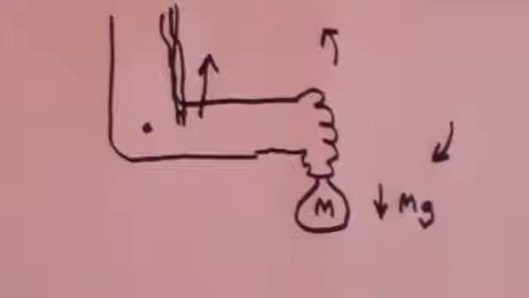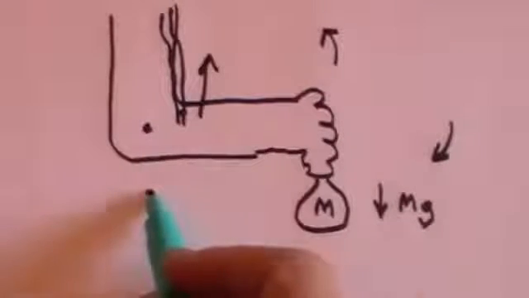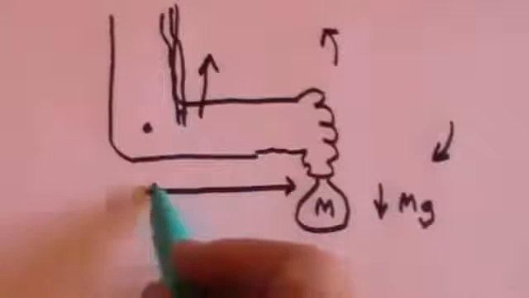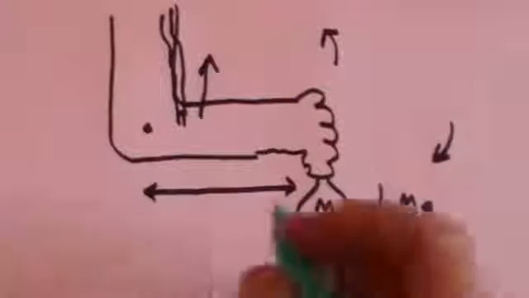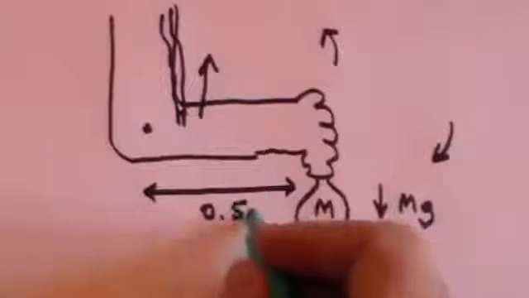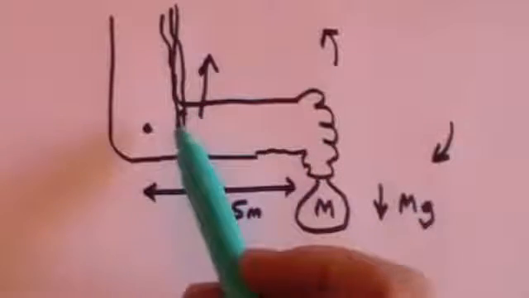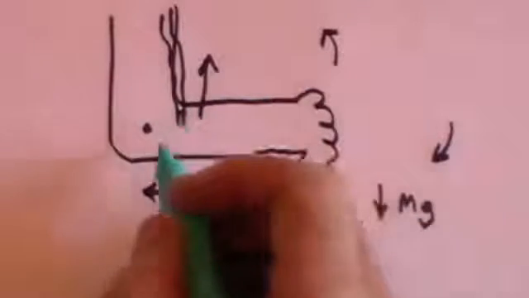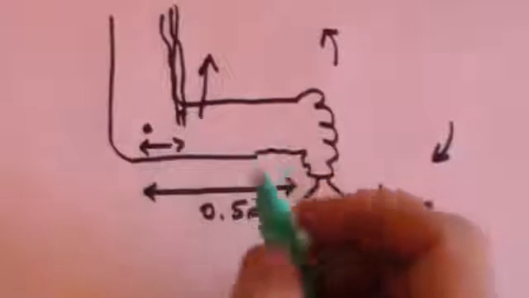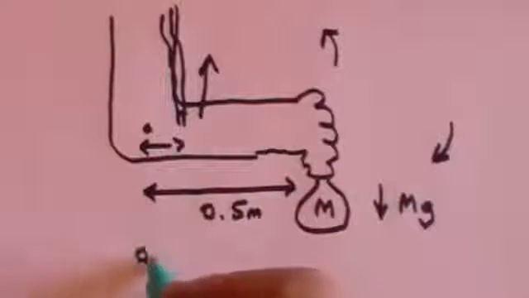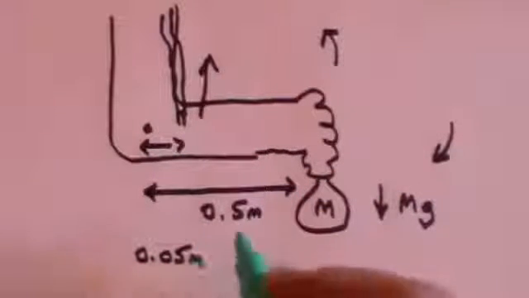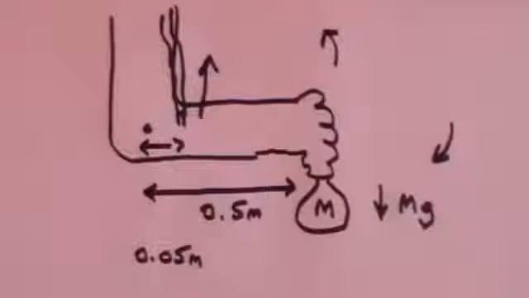Well, what is that? This distance here, the length of my arm, is probably about half a metre. The distance of my muscles from the turning point might not be much more than 0.05 metres, in other words, about 5 centimetres.